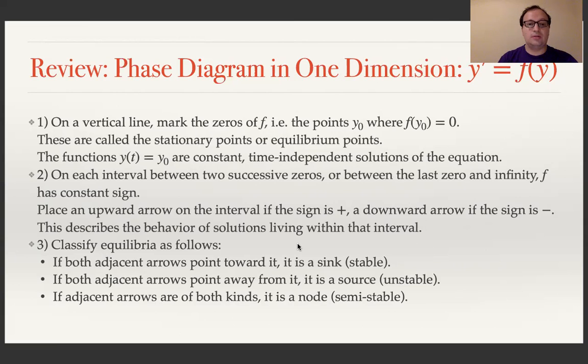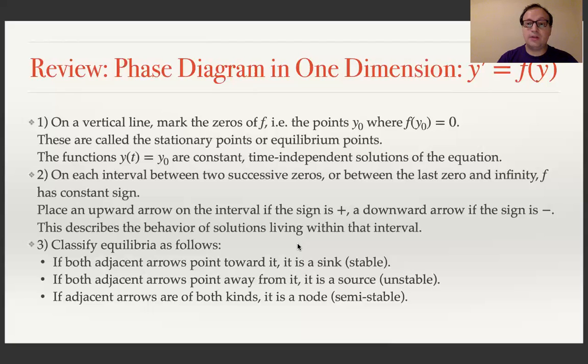Okay, so on a vertical line, the first thing that we do is we draw the vertical line itself. Second step is on this vertical line, we figure out where the zeros of f are. So we solve the equation f of y0 is equal to 0 and find all the roots y0, all the zeros of the function f.